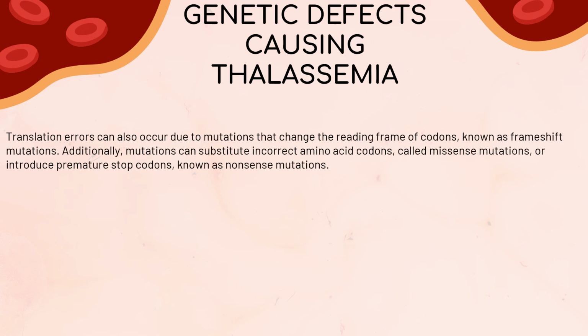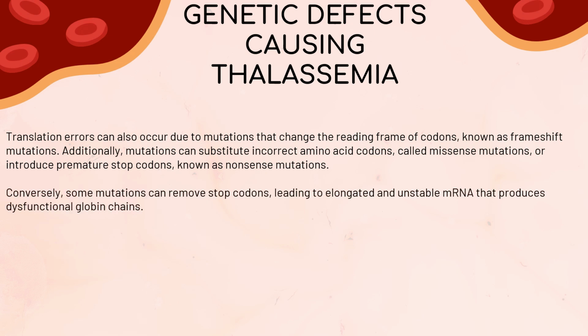Translation errors can also occur due to mutations that change the reading frame of codons, known as frameshift mutations. Additionally, mutations can substitute incorrect amino acid codons, called missense mutations, or introduce premature stop codons, known as nonsense mutations. Conversely, some mutations can remove stop codons, leading to elongated and unstable mRNA that produces dysfunctional globin chains.